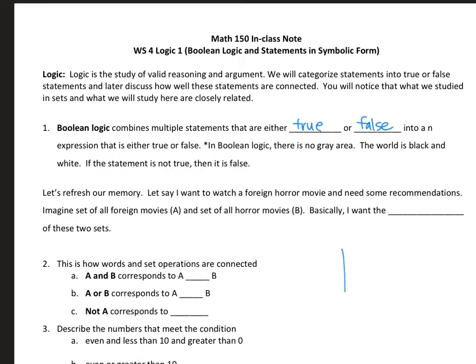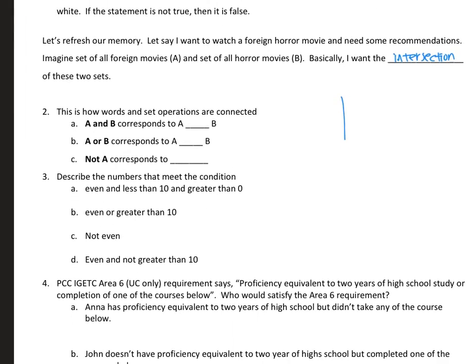Let's refresh our memory. Let's say I want to watch a foreign horror movie and need some recommendations. Imagine the set of all the foreign movies and the set of all the horror movies. So A and B, right? Basically, I want the intersection of those two sets.